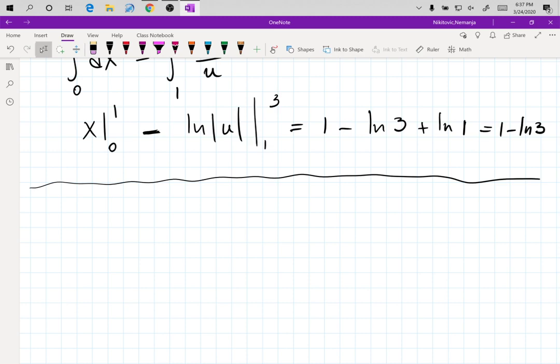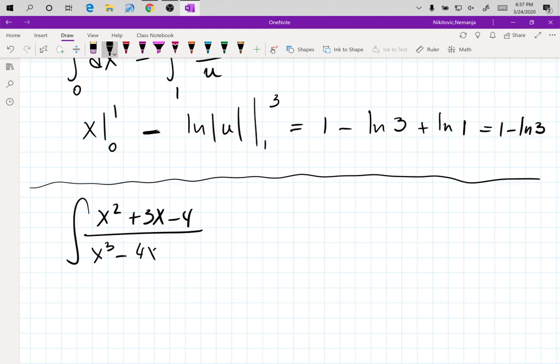The integral of x squared plus 3x minus 4 divided by x cubed minus 4x squared plus 4x dx. So x squared plus 3x minus 4 over x cubed minus 4x squared plus 4x. All right, let's see.